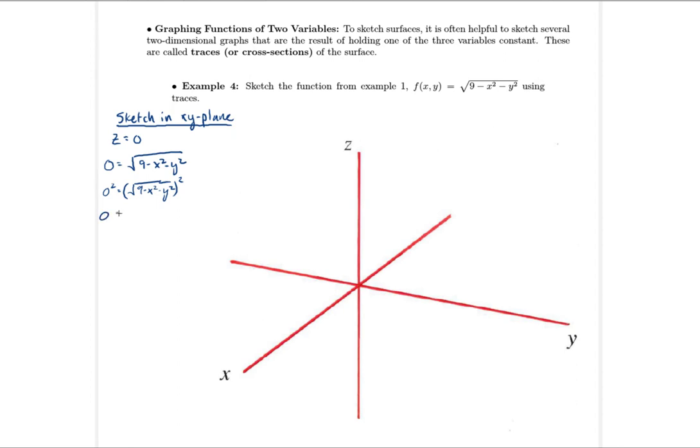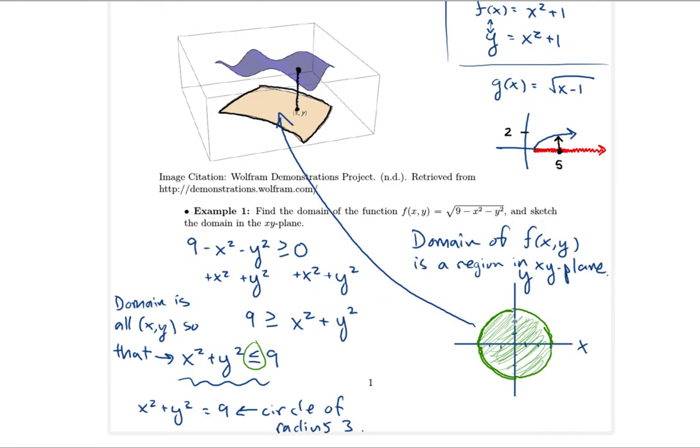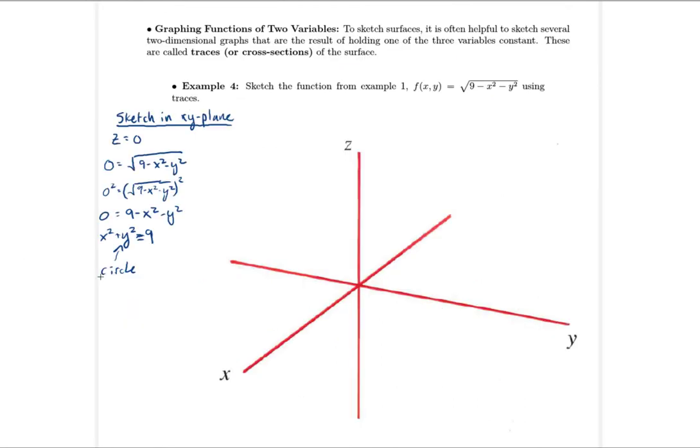And so we get 0 equals 9 minus x squared minus y squared. If I move the x and y squareds to the left side, I get x squared plus y squared equals 9. Well, that's just a circle, which is exactly what we graphed back here. We graphed the circle of radius 3. So the sketch in the xy plane is just the circle of radius 3.